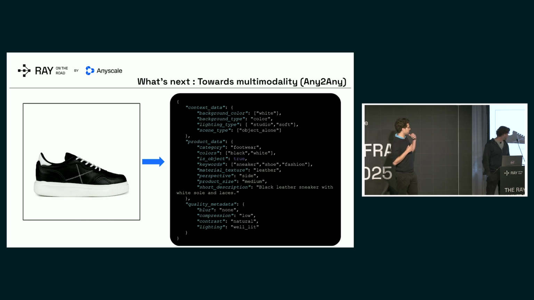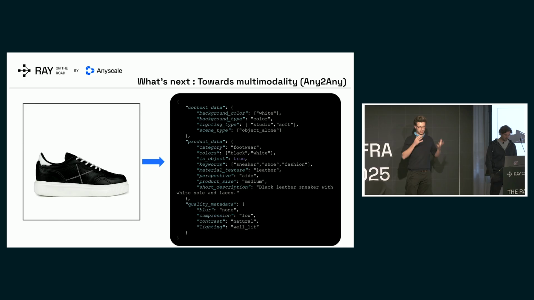For instance, for an image, we want to extract a lot of metadata that will then serve as a first step to define what the processing steps are to take this image and put it in a different way, or to characterize it for product acceptance and so on. So for this use case, it's image plus text to text. That's something we are already testing with Anyscale. And we also expect to have a lot of other use cases, such as image to image.